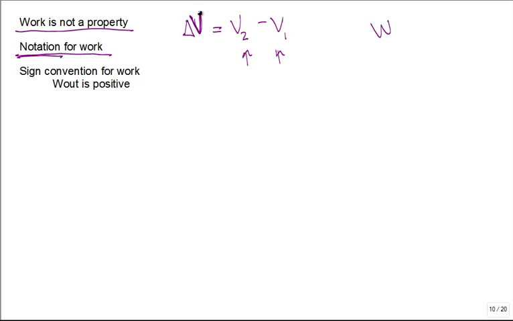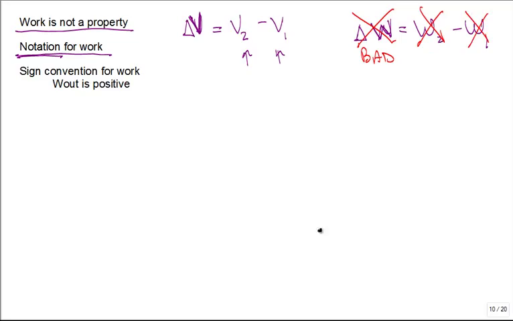Delta V is a good change in the volume. Will you ever see delta W or W2 minus W1? Bad notation. Bad. Because it's not a property. Don't treat it like a property.